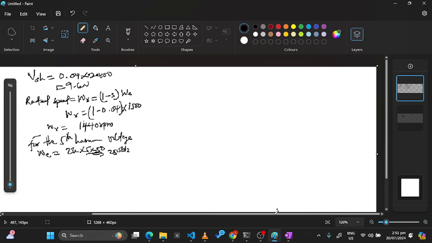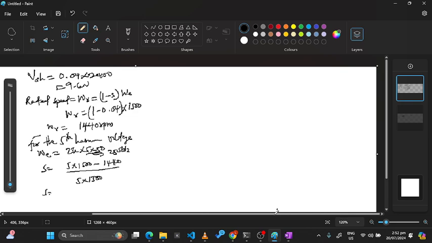So with this, the question says at rated torque. So at rated torque, we have rated speed. So what will be our slip then? The slip will be equal to the new omega, which is 5 times the fundamental one, 1500, minus our rated speed, 1440, all divided by 5 times 1500.